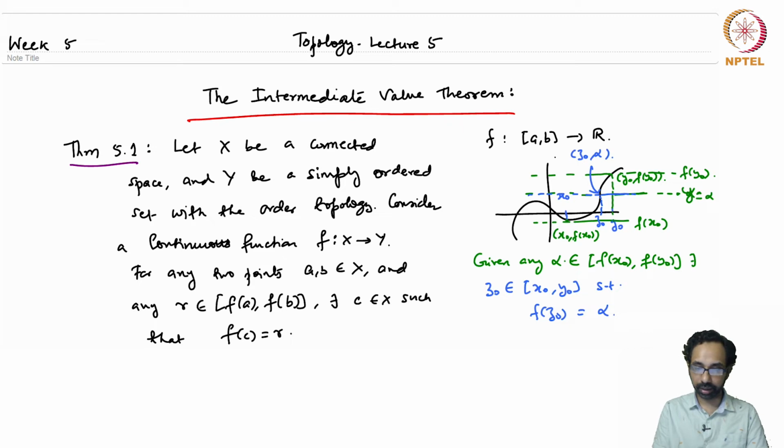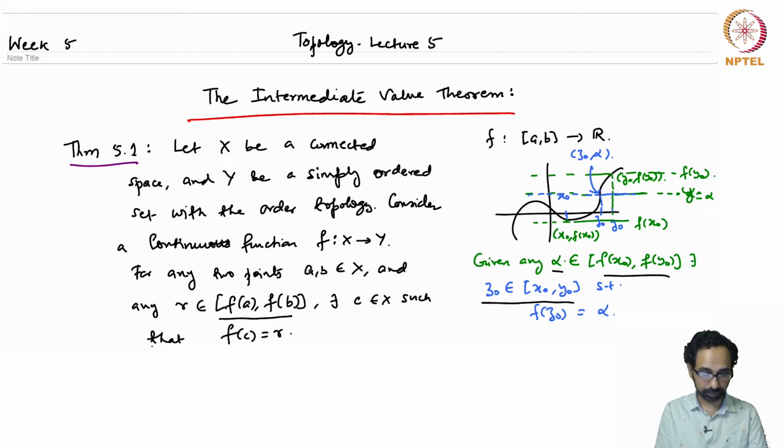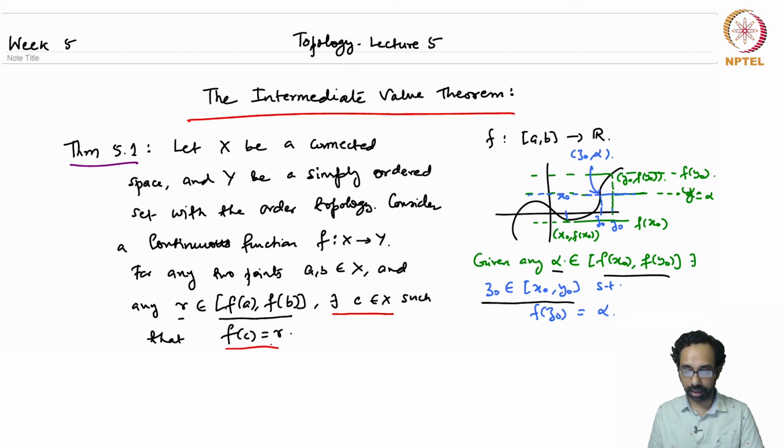Notice that here X is no longer a simply ordered set, so the condition that we wrote for the subinterval of the real line does not make sense because there is no simple order on X, but the simple order is on Y. So you can still talk about the interval f(a) to f(b), and you can choose any point, alpha, that we chose here. This is denoted as r, and the statement says that there exists a point c in X such that f of c is equal to r.